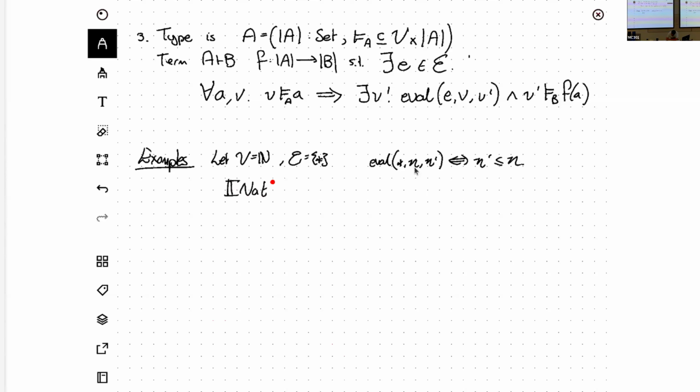nat heavy to be the natural numbers paired with the relation. Here, this is the value that's the implementation, which is the size, and this is the actual natural number. All we need to do is say that the size accounted for by this natural number is bigger than the actual natural number itself.